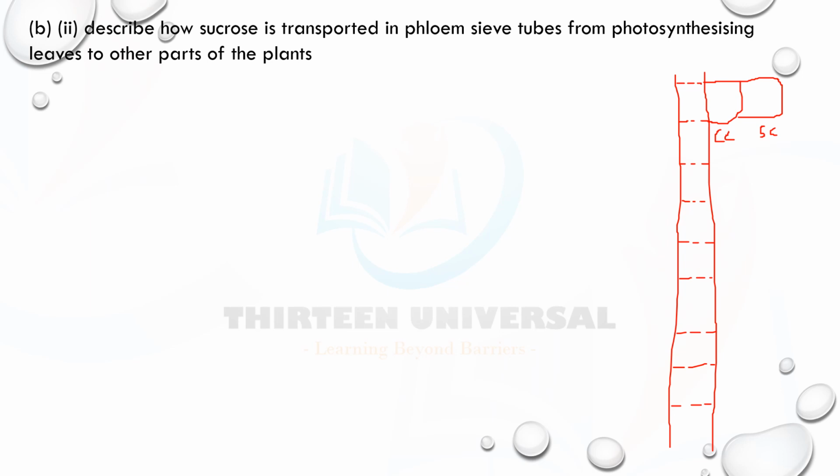At the sink, we also have a companion cell, but here it helps in unloading. This is the sink cell, which I call SK. SK sounds cool, doesn't it? And then this is the companion cell, CC.